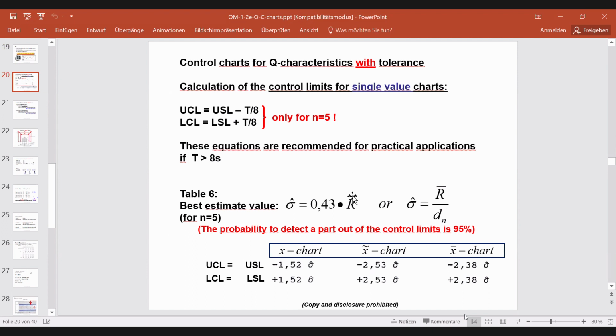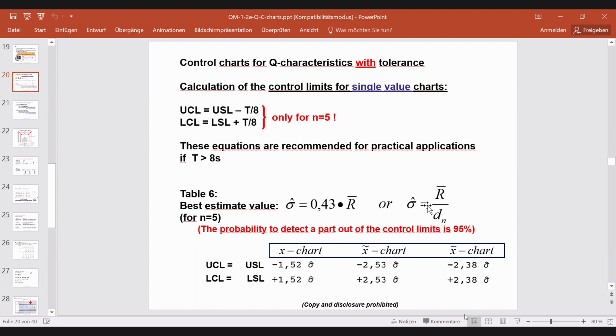Every sample has a range, and if you have 20 samples on the quality control chart, you can calculate the mean of all the sample ranges, and then you can calculate this sigma roof value.